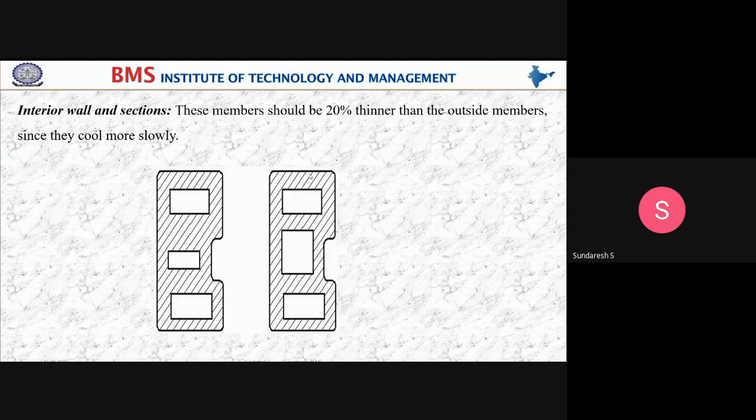Next thing is interior walls and sections. These members should be 20% thinner than the outside members since they cool more slowly. The main reason for that is the interior walls cool very slowly.